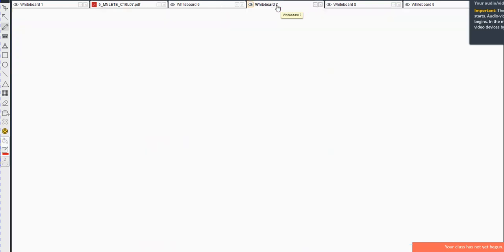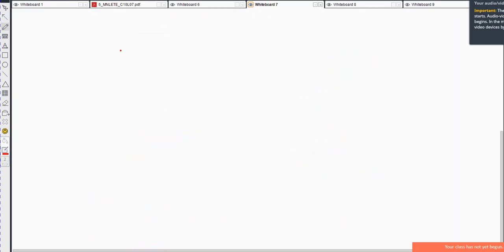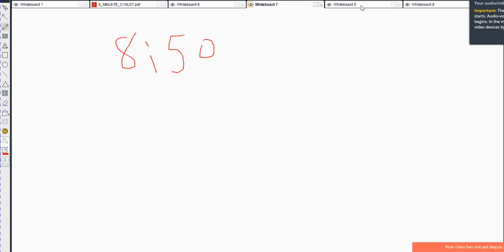End minus start: end will be 8:50, and start will be 7:41.